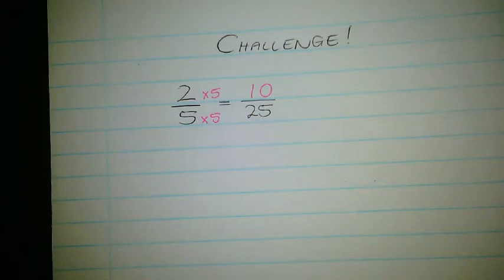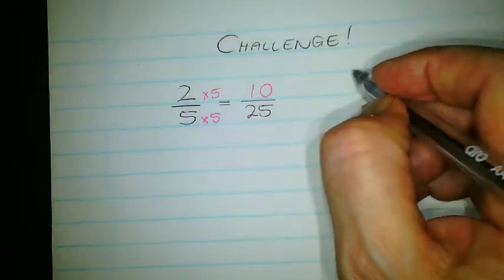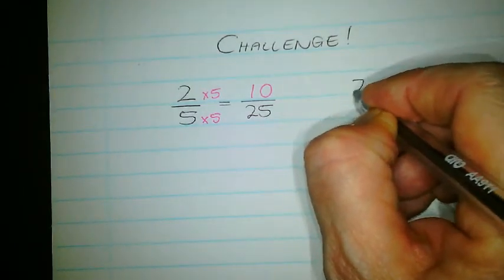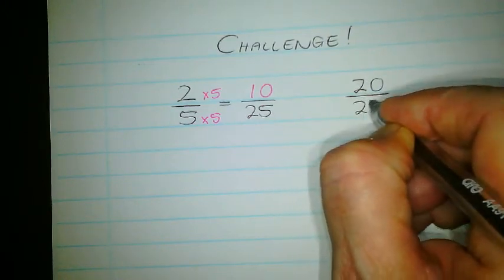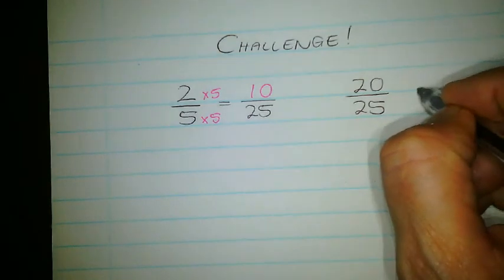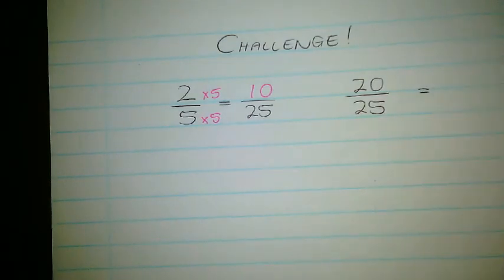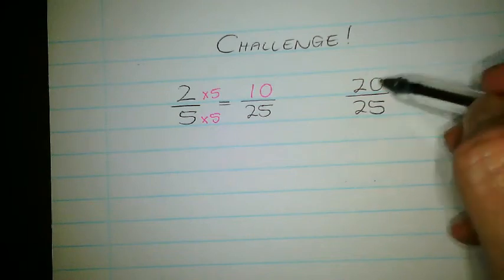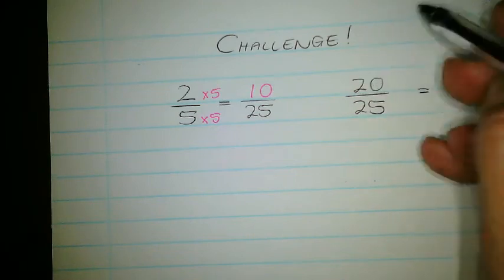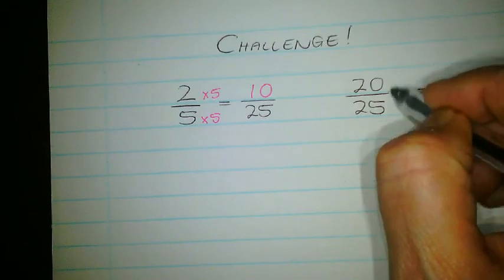When I simplify a fraction, for example 20 over 25, I can test the numbers by dividing by the same number.